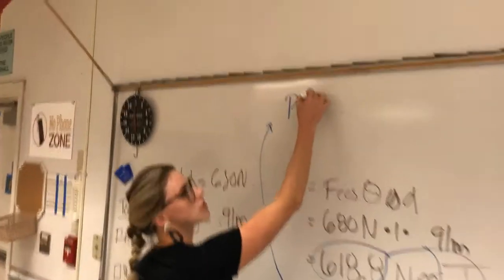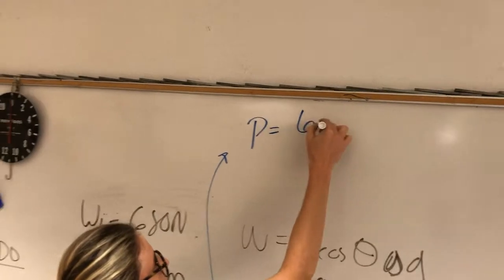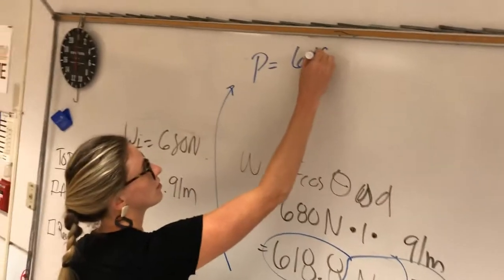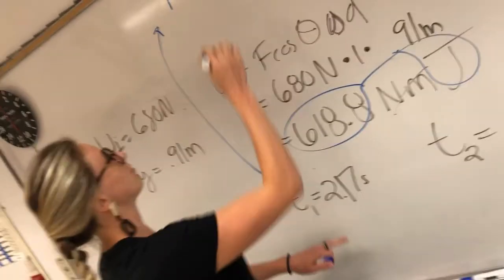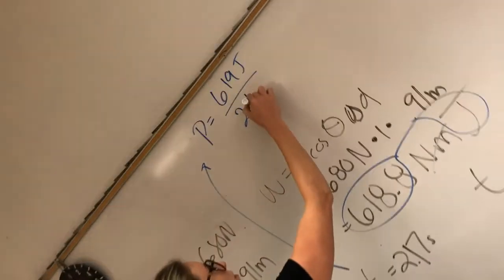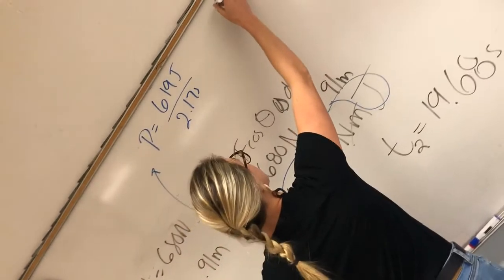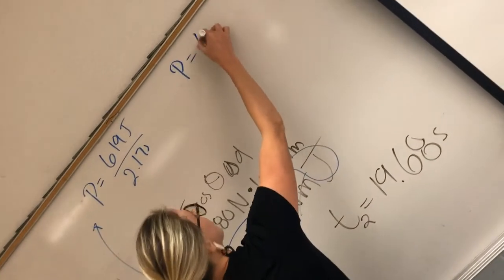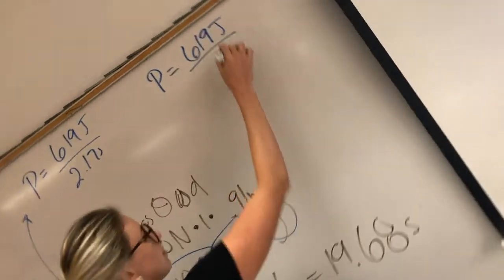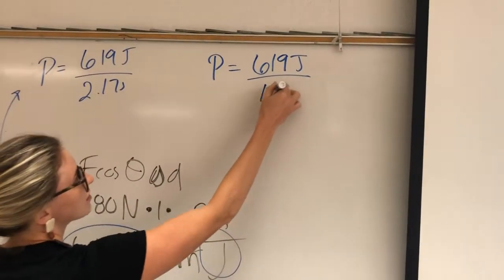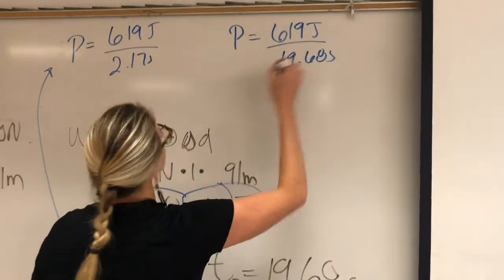Power equals, I'm going to call it 619 joules, divided by my time for the first one. For the second one, same work, this time 19.68 seconds.